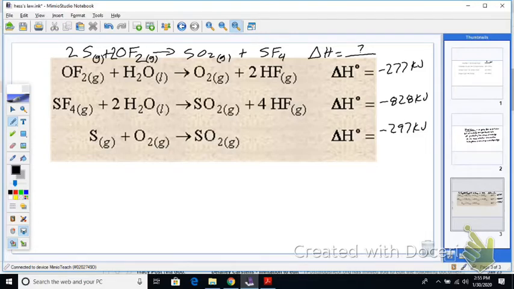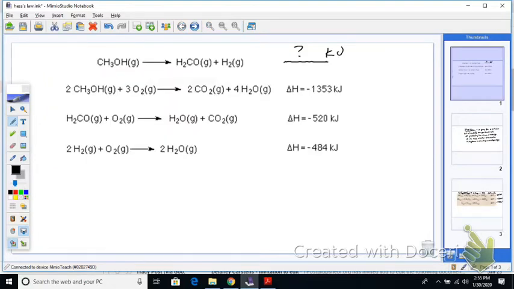Okay? Here we go. This is the way I approach it, and I don't know if I do these perfect all the time. What I'm going to do is find this reactant somewhere down in one of these three reactions. Where do you see it? In the first equation. You guys see it, right?